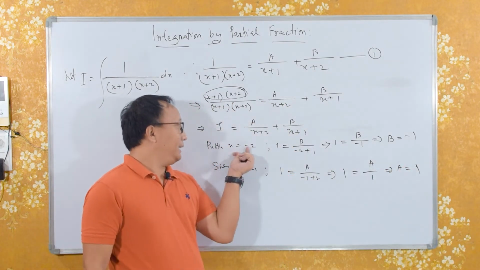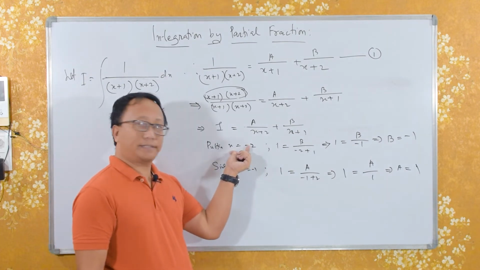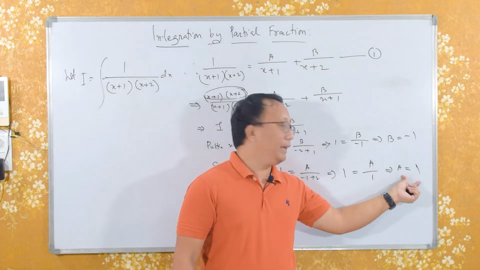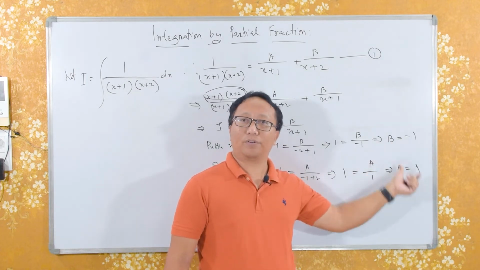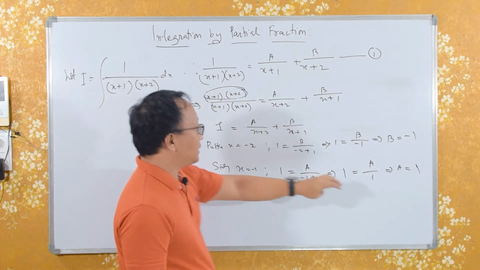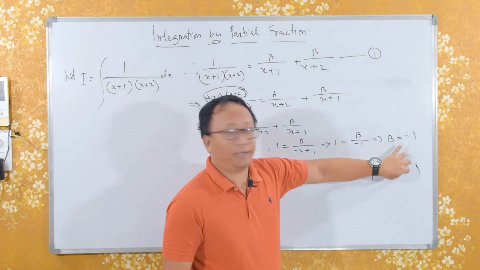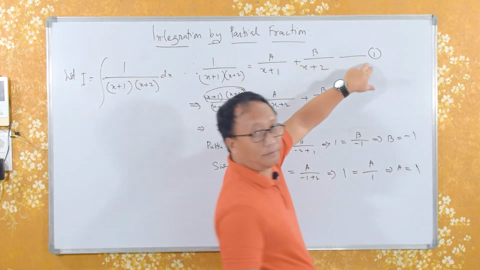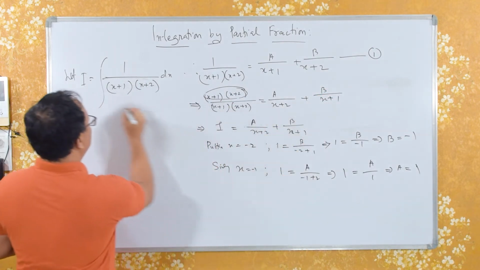So by assigning certain numbers to x, we are getting the values of a and b. These are constants. Now, substituting the values of a and b in equation number 1.